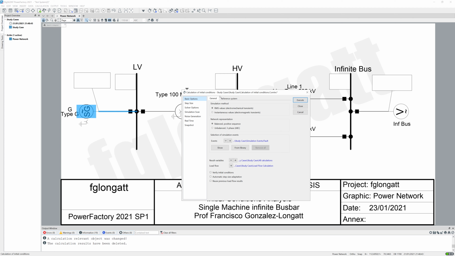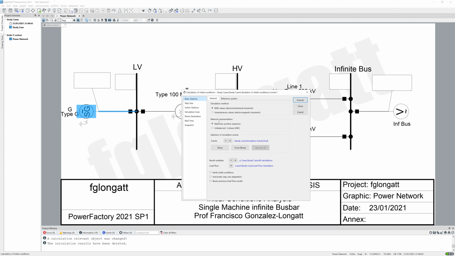I made another video with the theory and all the explanation, but basically the simulation method is the way that we are solving, and the assumptions that we are making for the dynamic models. In this case we are calculating the electromechanical transient considering RMS value, fundamental frequency for the network, okay? That is the reason that we are using the RMS value here. For the network representation, I mean the transmission system, transformers, and so on, we are using just the positive sequence representation, okay?